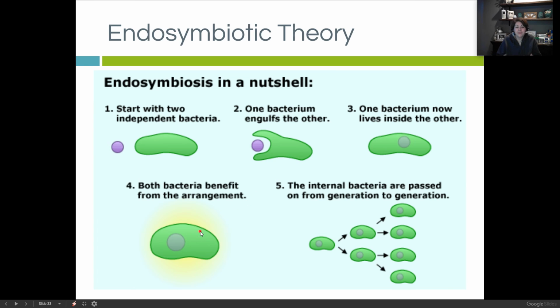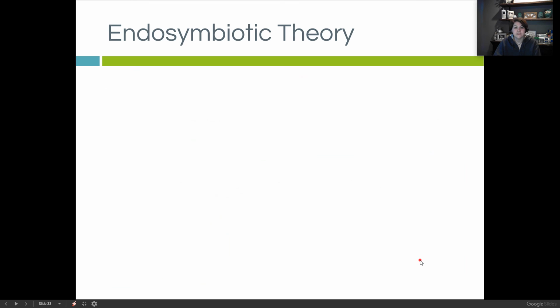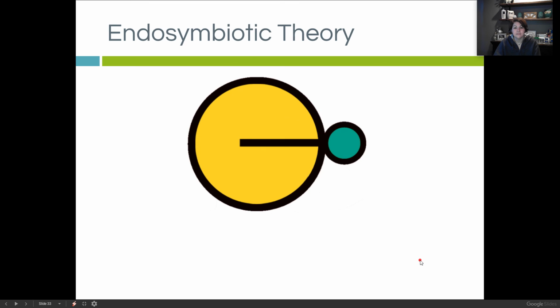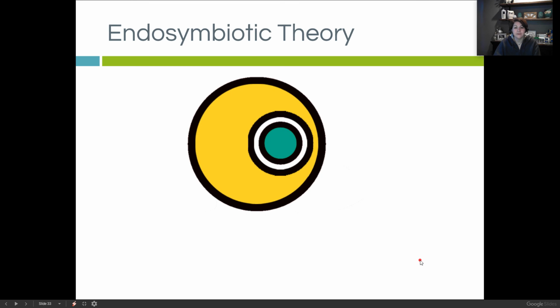Eventually, when it started to reproduce, we started to see these cells which had what we consider a nucleus. So we went from not having a nucleus to being engulfed, and now we have a nucleus. Thus, the eukaryotic cell, which does have a nucleus, is born. So in a nutshell, bam, now we have a nucleus.